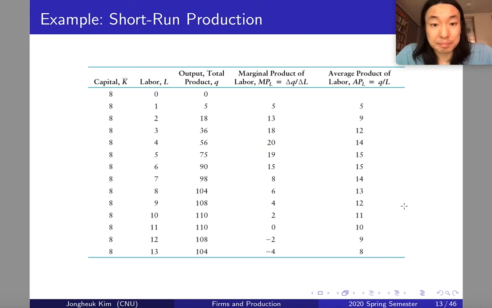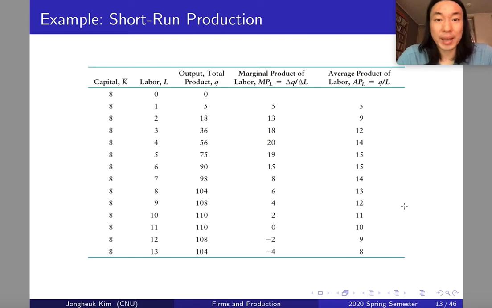On the fourth column, we see the new concept or the new definition, the marginal product of labor. In shortened representation, it is MPL. Okay, so the marginal product of labor we'll define later. It is the difference between the product and the next step, the product. So in the first row it is blank because there is no starting point. There is only the end point, 0 and 0.